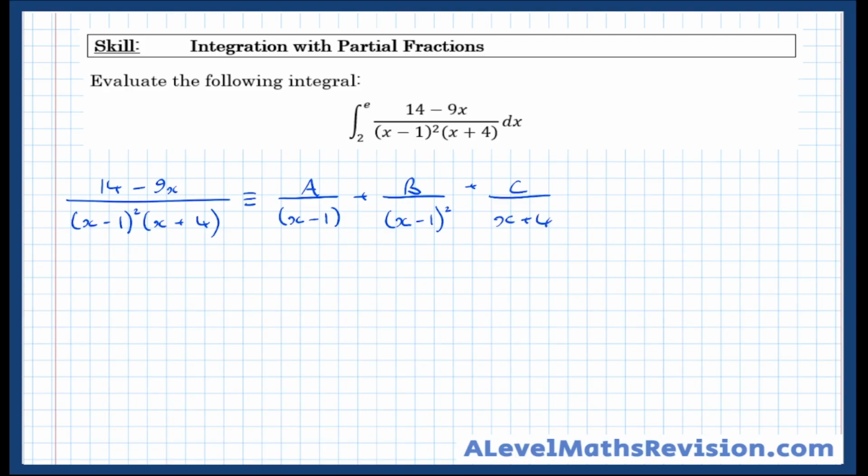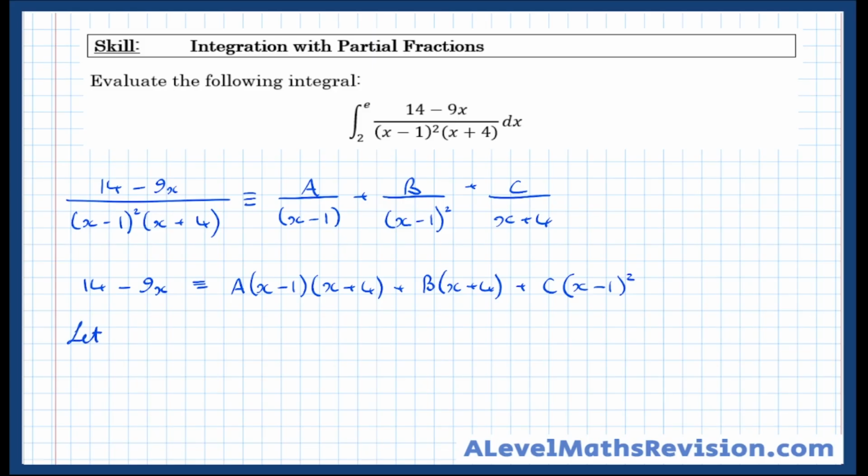Multiplying both sides by the denominator of the left now gives me 14 minus 9x is identical to A, and one of those x minus 1's cancels. Next term, both of those x minus 1's cancel. And the x plus 4 cancels on that one. So now substituting in some appropriate values.